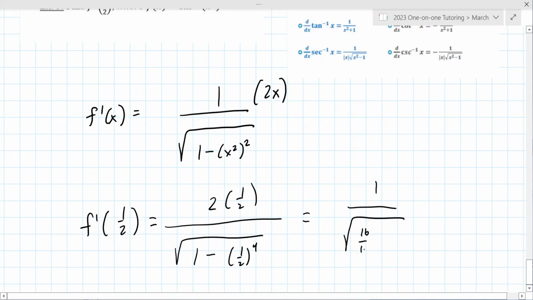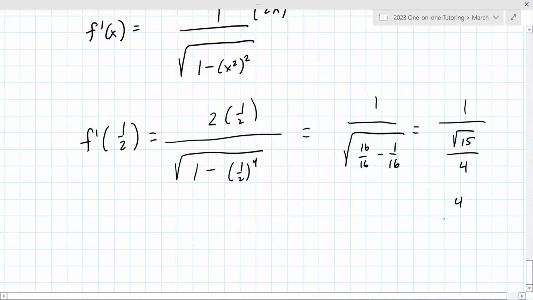So it's 16 over 16 minus 1 over 16, which becomes the square root of 15 over the square root of 16, which is really 4. So this becomes 4 over the square root of 15. Then you rationalize by multiplying top and bottom by the square root of 15: 4 square root of 15 over 15.